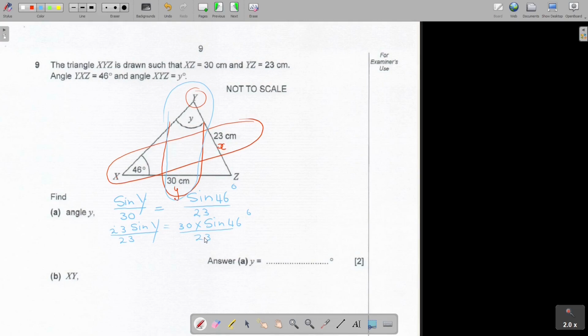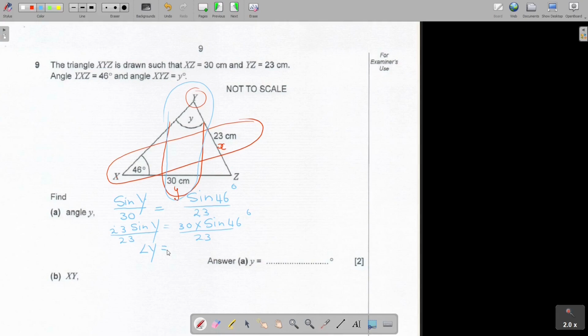Now my calculator, the Casio FX82MS, I just press the mode button 2 times. Then I press 1 and then it's on degrees. Okay, so now you can press everything in the calculator. So I'm going to say angle y, I'm already going to add. So I press on my calculator 30 times sin 46, okay.